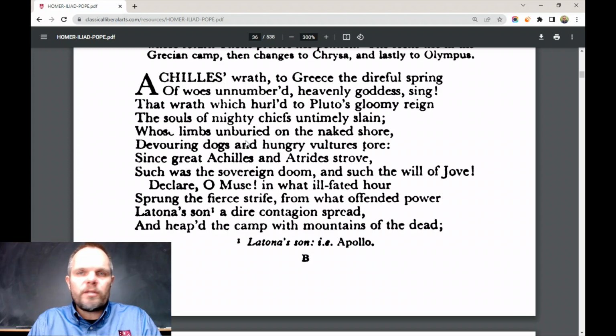And if you simply read the text slowly, always read poetry slowly, you'll begin to hear and feel the rhythm that's present in the text, and that rhythm is iambic pentameter. Now, what iambic means is that it's a foot, that is, it's a unit that consists of two, let's say, syllables.